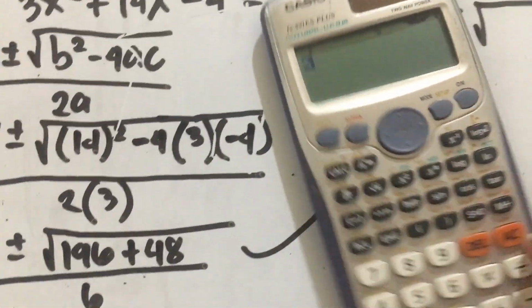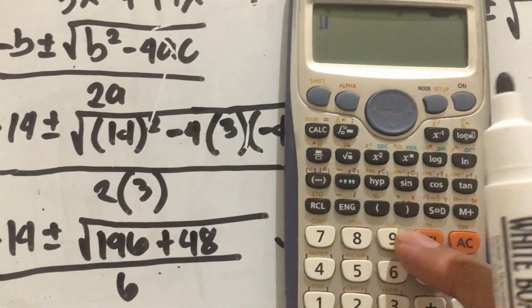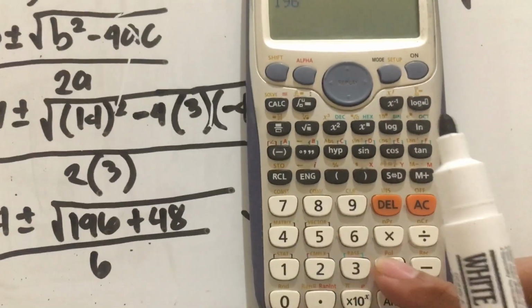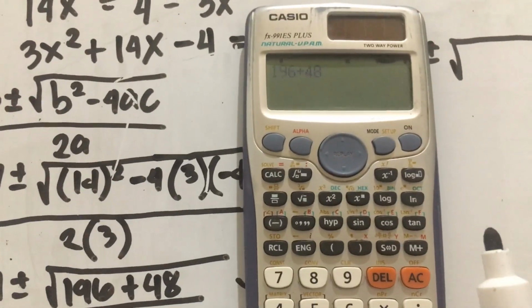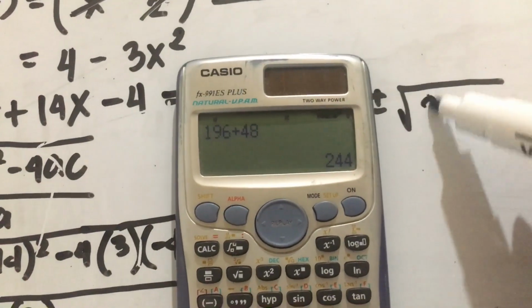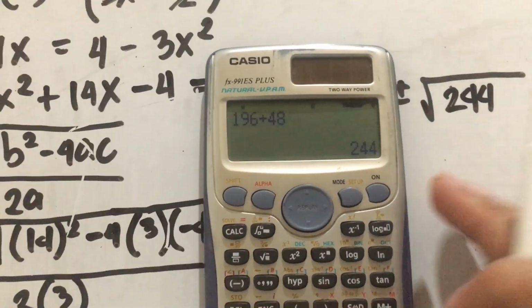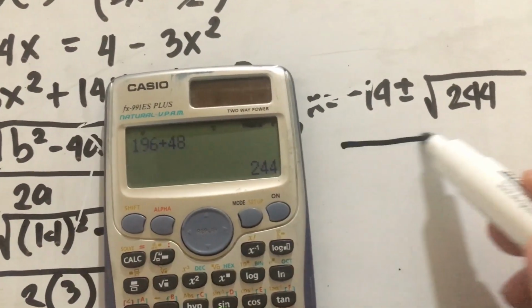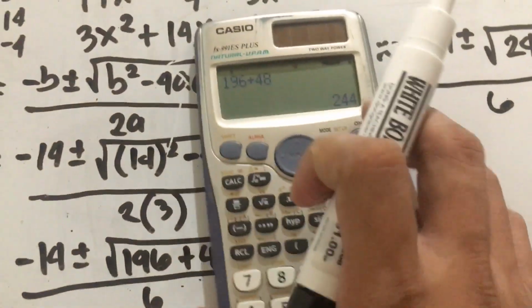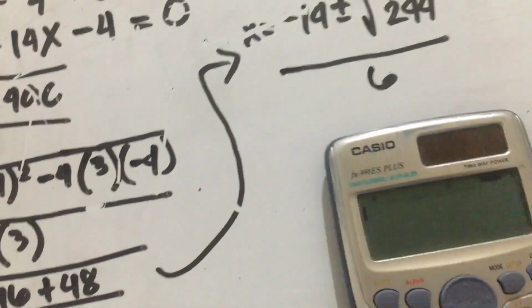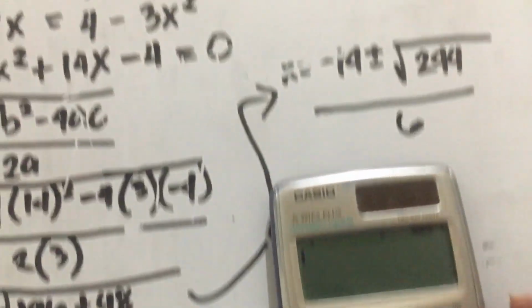Again, calculator again, no? 196 plus 48, that is equal to 244. Okay, over 6. I'm sorry if there are quite some erasures.